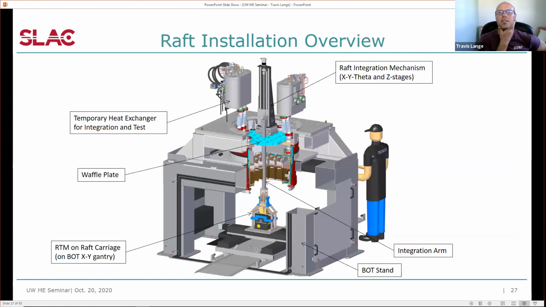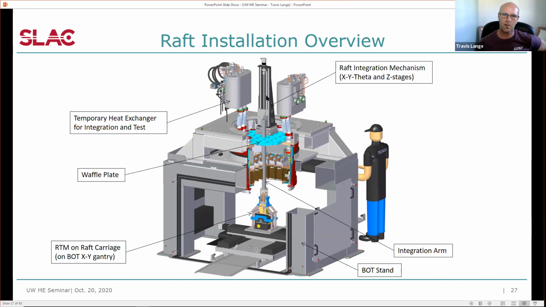So the design that we ended up coming up with, and I apologize because I'm skipping over a whole lot of details on the challenges involved with installing the Raft into the cryostat for time reasons, is this system right here.